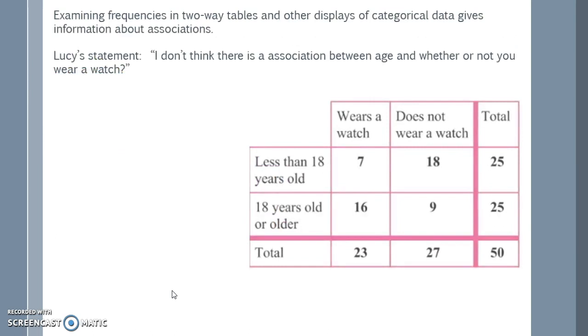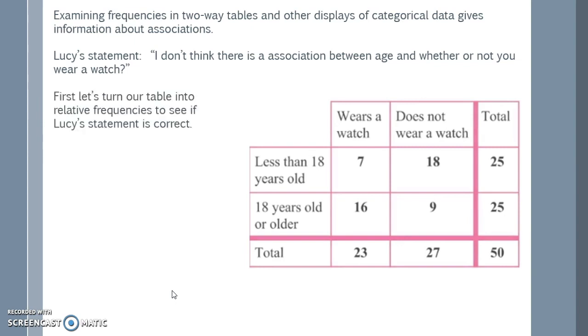Examining frequencies in two-way tables and other displays of categorical data gives information about associations. Lucy's statement: "I don't think there is an association between age and whether or not you wear a watch." Given the table, let's first turn our table into relative frequencies to see if Lucy's statement is correct.